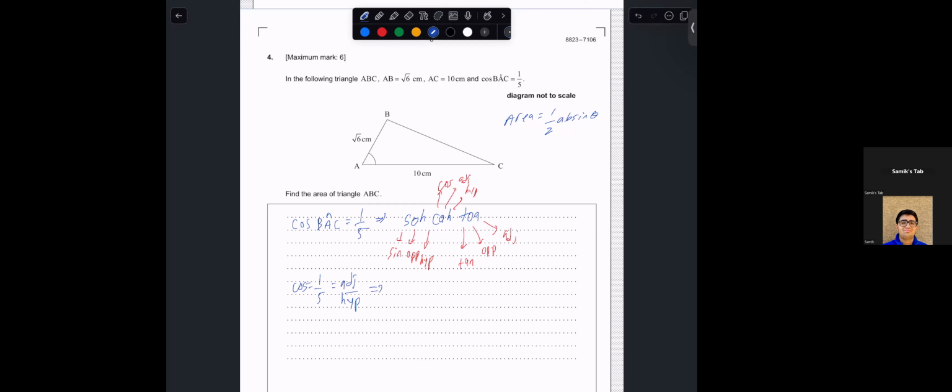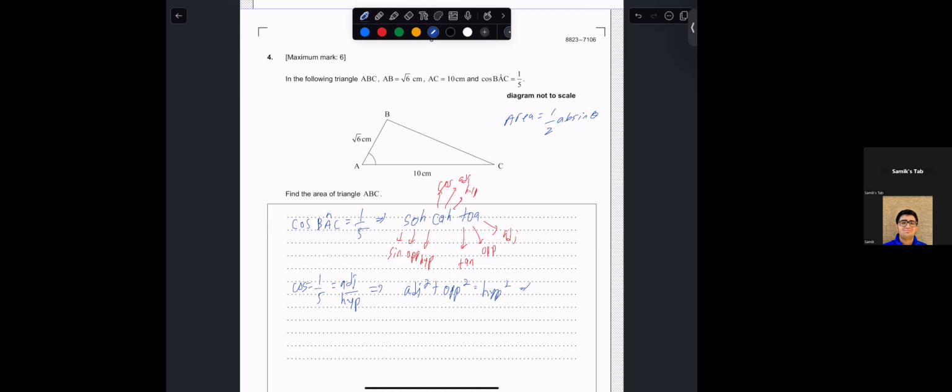Now we know that adjacent squared plus opposite squared is equal to hypotenuse squared.